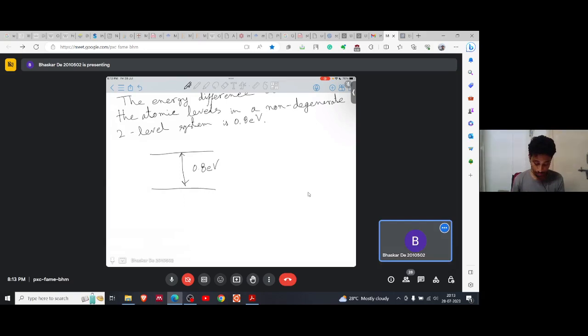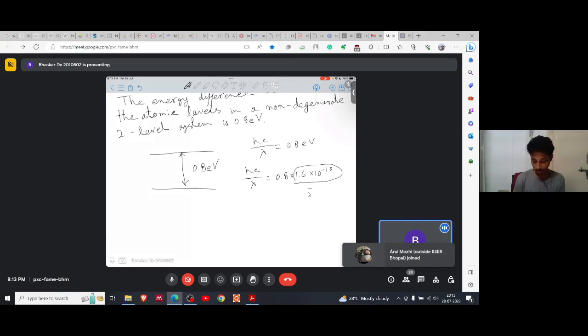Now what we have to calculate: hc by lambda equal to 0.8 eV. So hc by lambda equal to 0.8 into 1.6 into 10 to the minus 19. eV is electron volt, which is converted to joule by multiplying by the charge of the electron. Here h is the Planck constant and c is the speed of light.